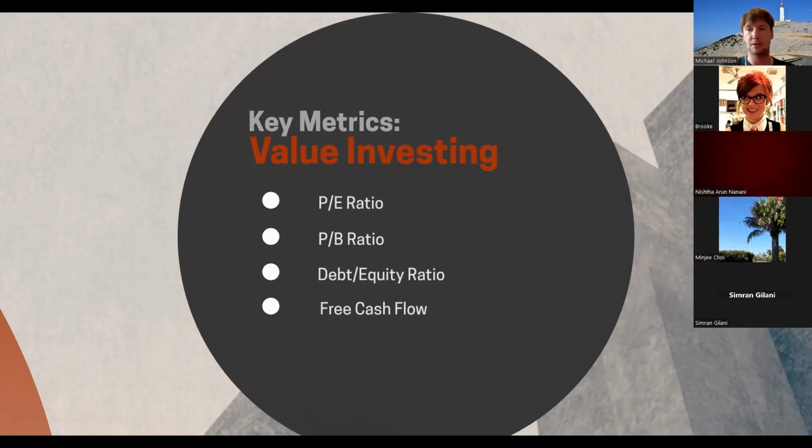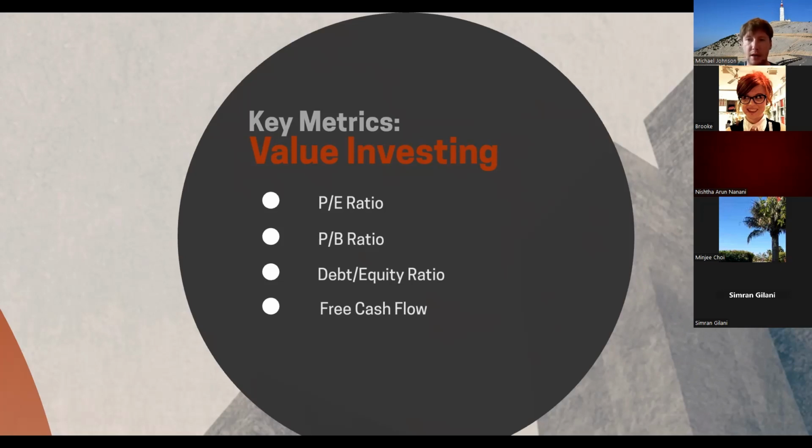But sometimes the P/E ratio is high because the growth is high, and it could potentially be a good investment. Usually the P/E ratio is the same as the growth in earnings per year.